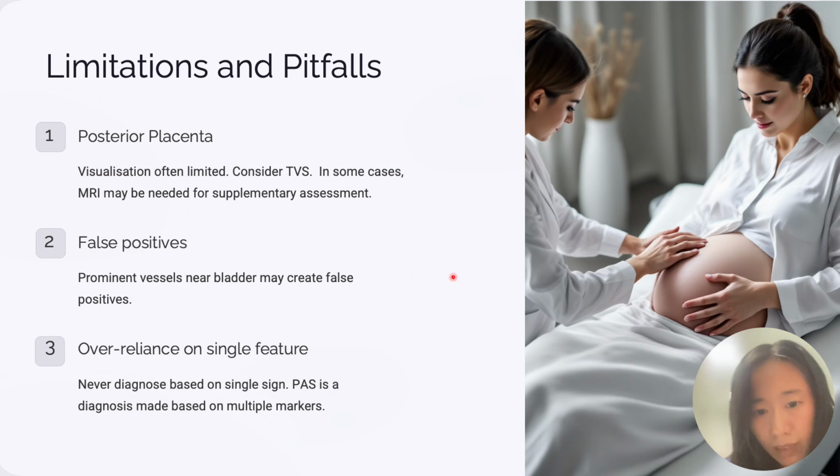Is there the bright hyperechoic line of the bladder serosa interface? Is it still there? If all of these are interrupted, only then, with these prominent vessels, is it most likely PAS. So beware of over-reliance on a single feature. Never diagnose with one single sign; it is based on multiple markers.